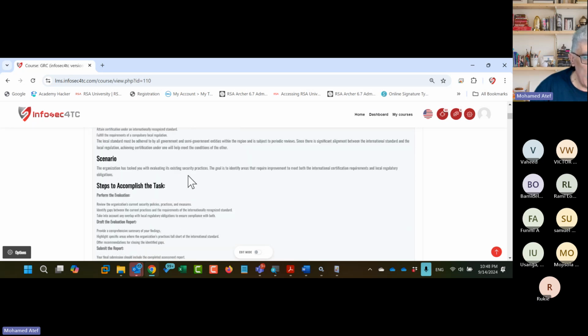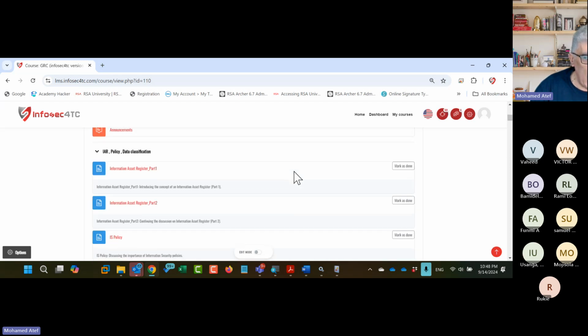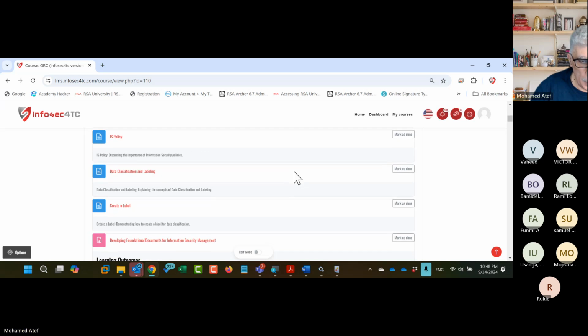But meanwhile, as I told you, start to utilize what you have. For example, go to the lectures, read the standard very well, and try to understand each control, what it means and how it should be implemented. Eventually I will give you guys access to that, and you will have a chance to practice it.